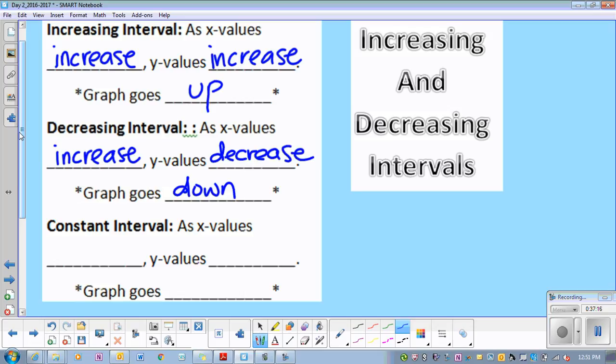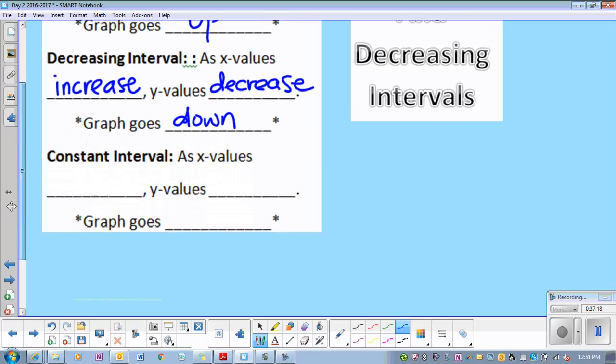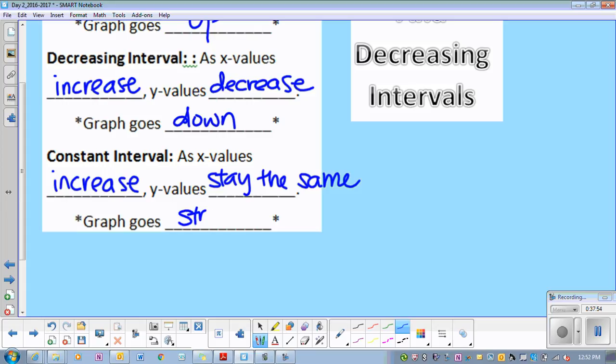The constant interval is saying that as your x values increase, looking at the graph from the left to the right, your y values stay the same. So your graph is going horizontal, just straight. Not going up, not going down.